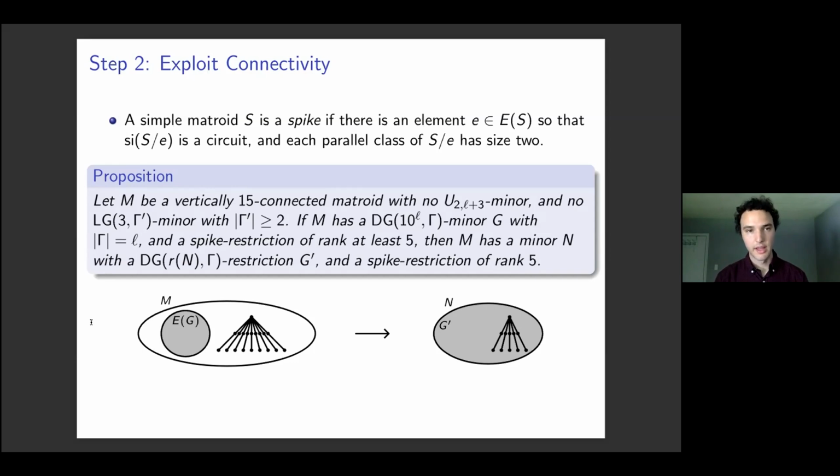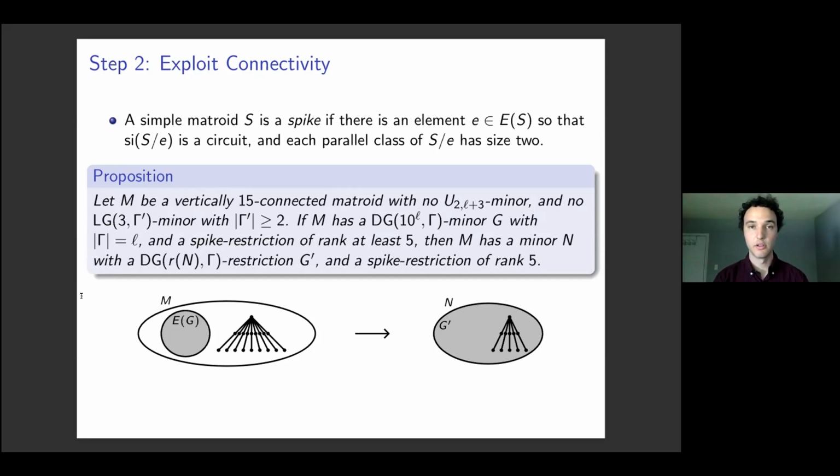Because if we want to realize this minor, then we're going to destroy our spike. Okay. And to get around that, that's where these lift geometries come into play. So we show that we can either find a large Dowling geometry restriction, or we can find a lift geometry minor over a non-trivial group. So those lift geometries allow us to move from a minor to a restriction, and then the problem is much easier.